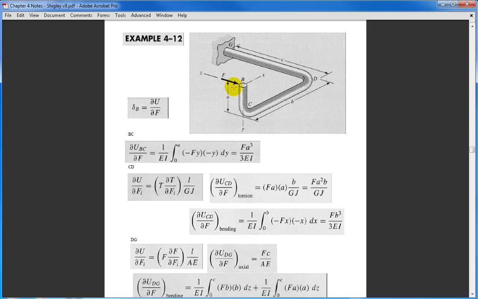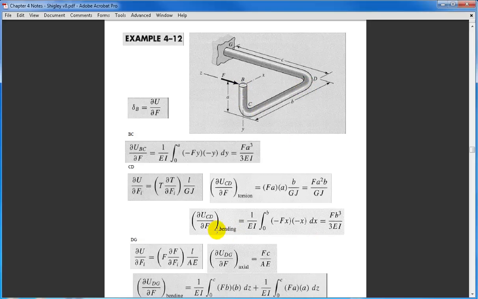Now, there's another piece of deflection at B because of what's happening in this range. That's because of the beam bending in this range. So we're going to have to write the moment in this range because of F. If we measure a quantity x equals 0 here, moving to the right, then my moment for bending is just going to be F times x.